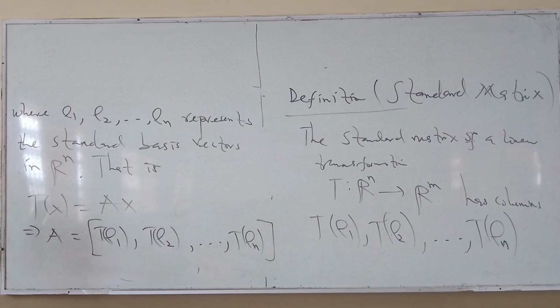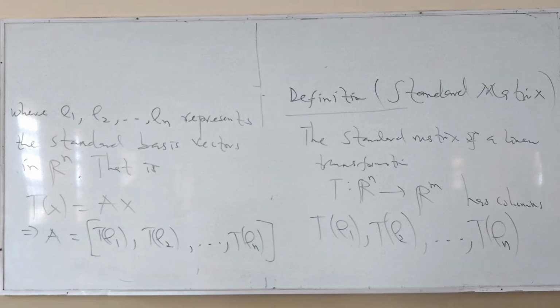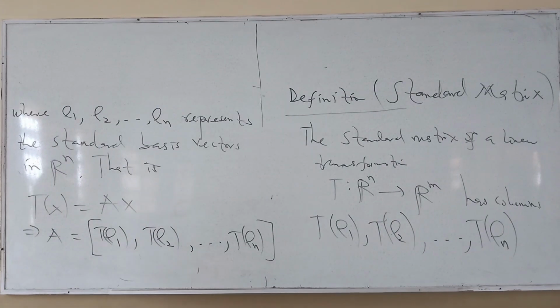You could say that e1, e2, en are the standard basis. So what are they? You did this one in linear algebra, right? Standard basis, what are they? You have u1, u2, u3. It depends on how you want to represent it. They are column vectors.